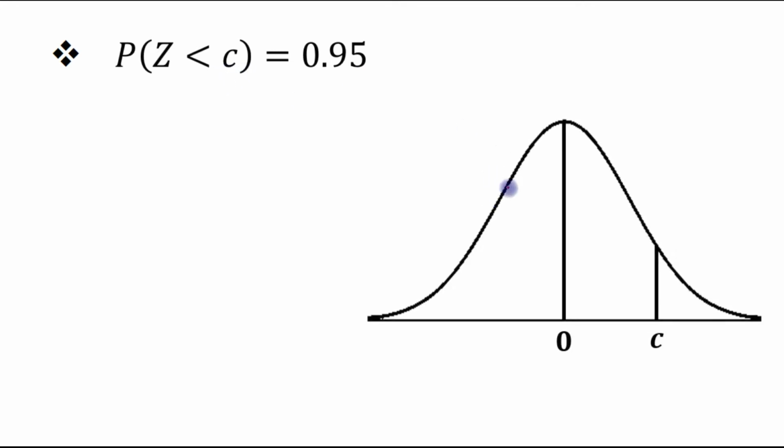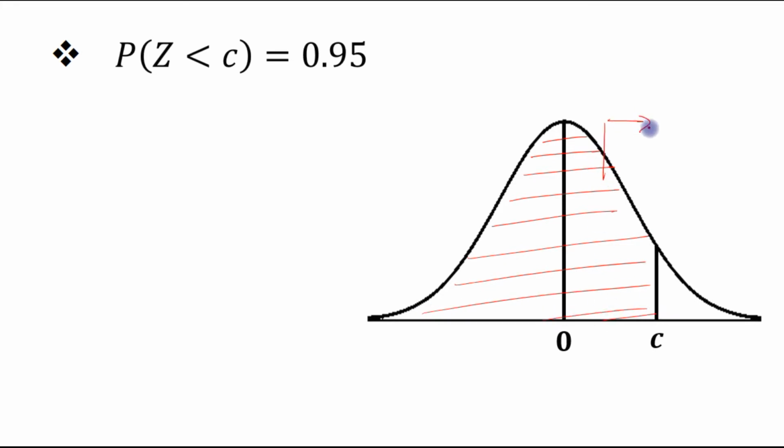Okay, next we look at this question. In this question the area is given as 0.95 and we need to find this value c. So what is given is the area to the left of this value c, and it is given as 0.95, and we need to find this value.